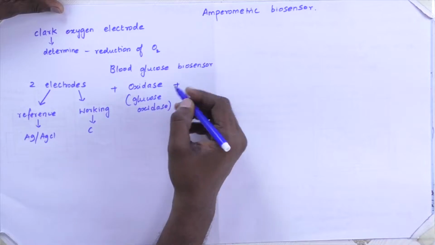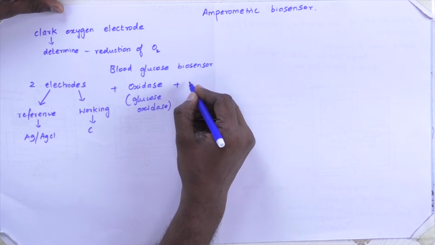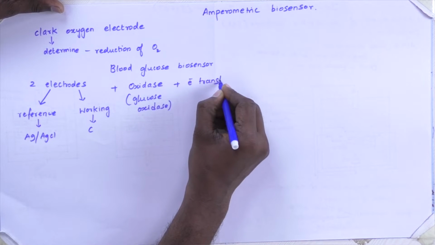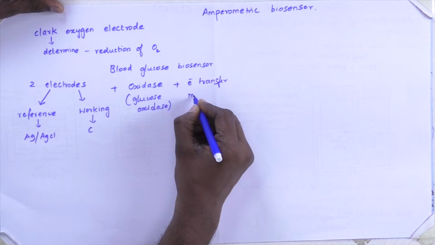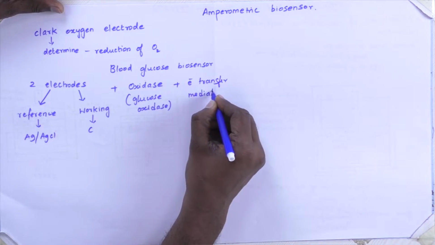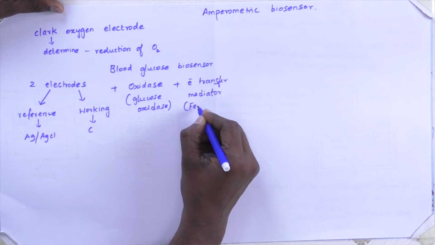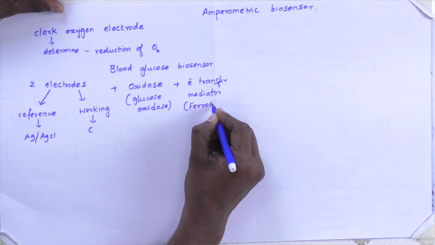Along with this oxidase enzyme, it also contains a mediator, that is an electron transfer mediator. For this purpose, we are using ferrocene. It is a chemical substance which acts as an electron transfer mediator.